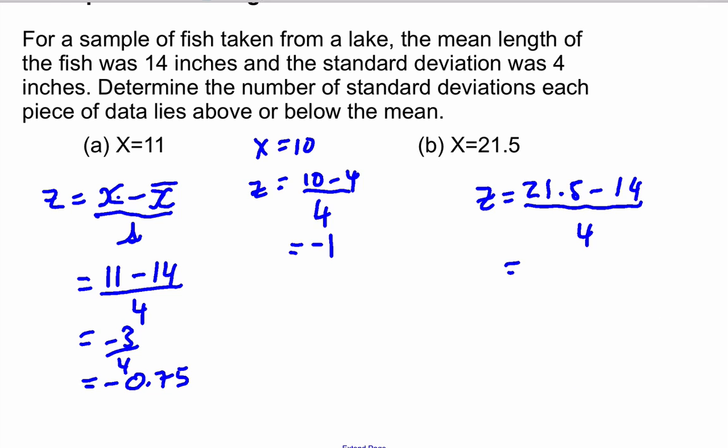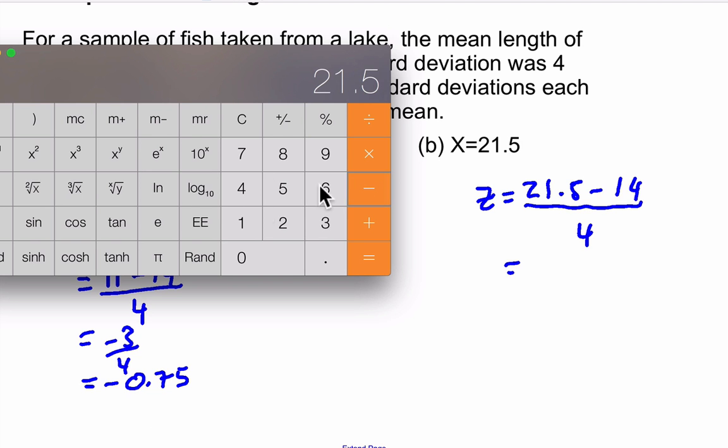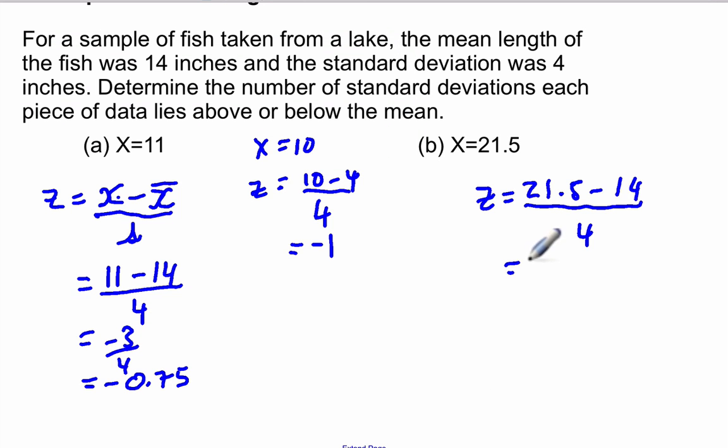I'll call for the calculator, and divide by 4, keeping in mind the order of operations. So this is going to be 1.875, which is pretty close to 2 standard deviations above the mean.